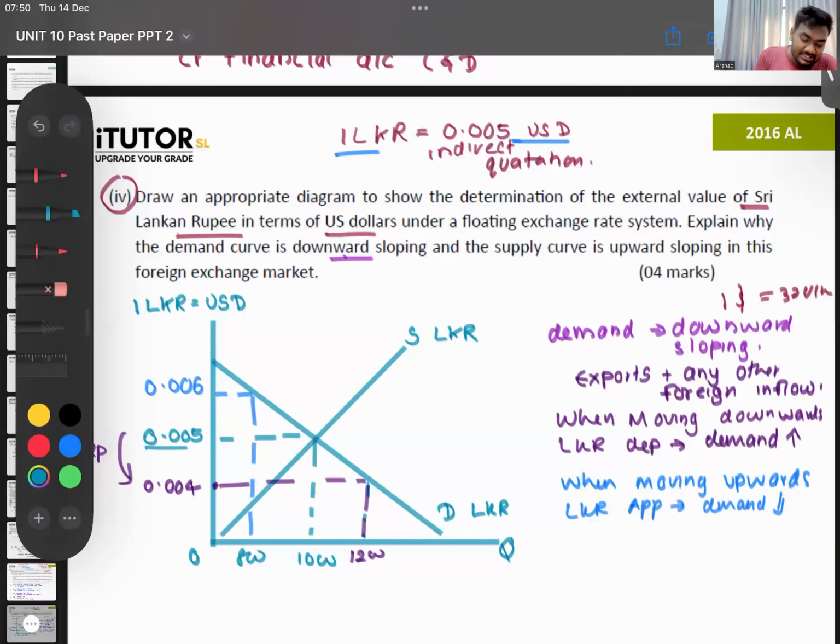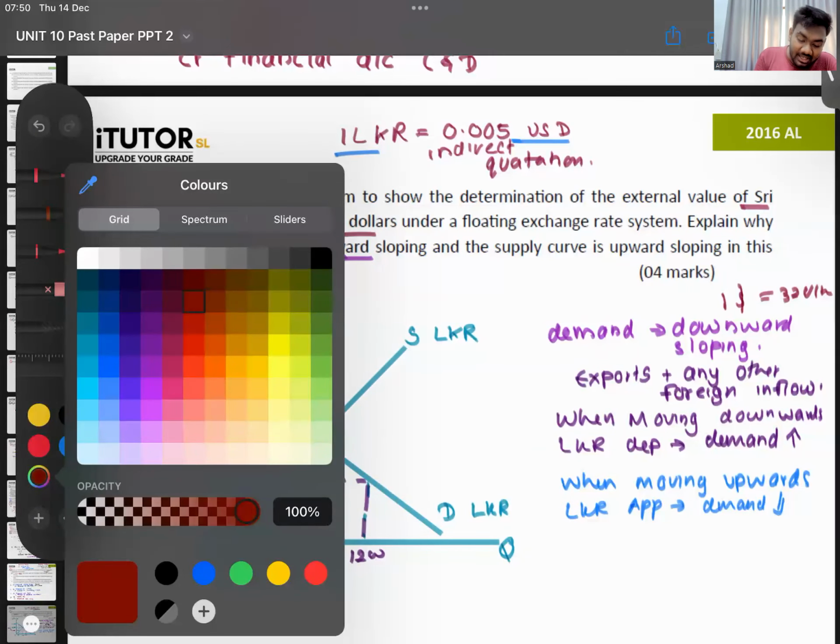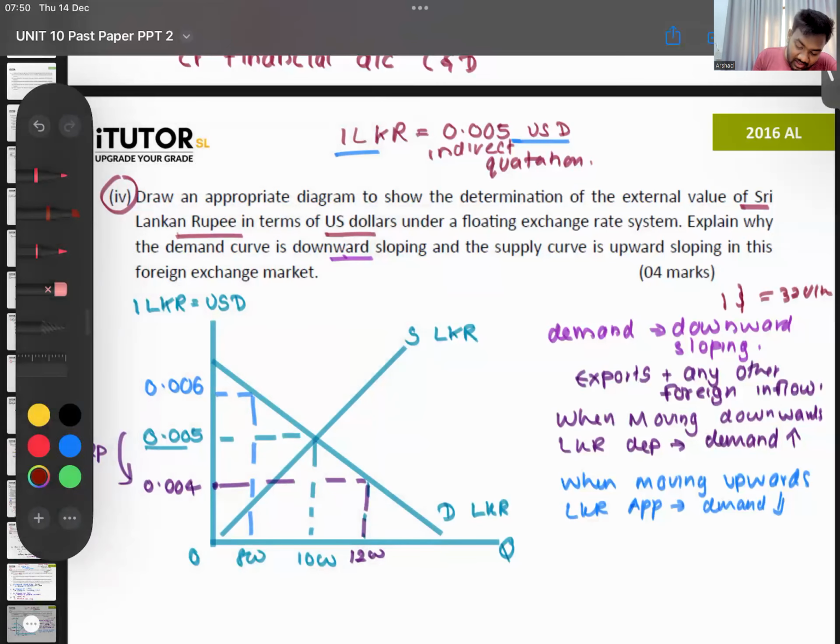Same thing on the supply angle. On the supply angle, why is the supply curve upward sloping? I think this is easier to remember. Supply curve, when the rupee depreciates. Tell me, when is the Sri Lankan rupee supplied?